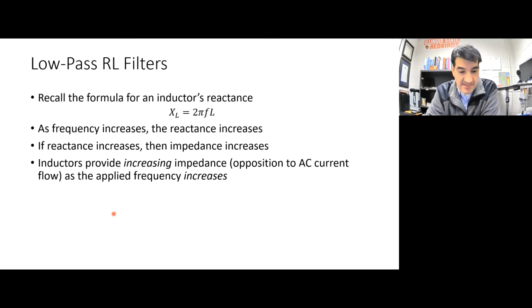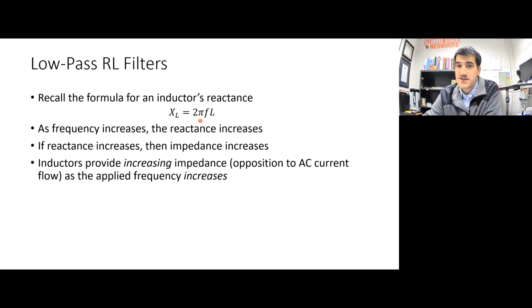That's more than half of the battle because RL filters are very similar. They just use inductors instead of capacitors. So if you understood RC filters, then you're well on your way to understanding RL filters. For an inductor, remember in the last class session we talked about the reactance.